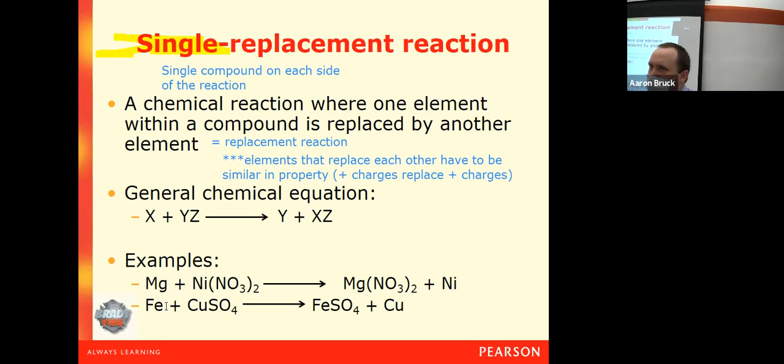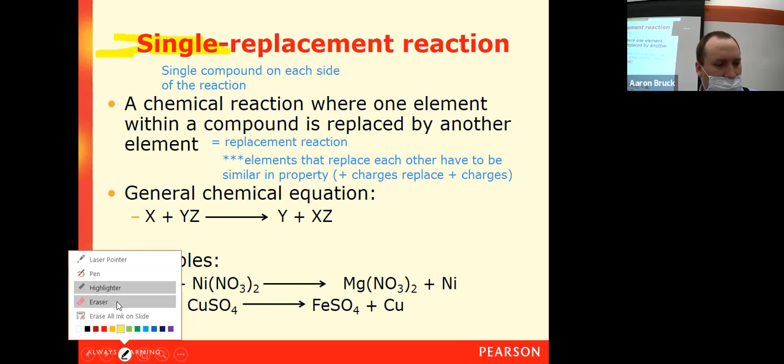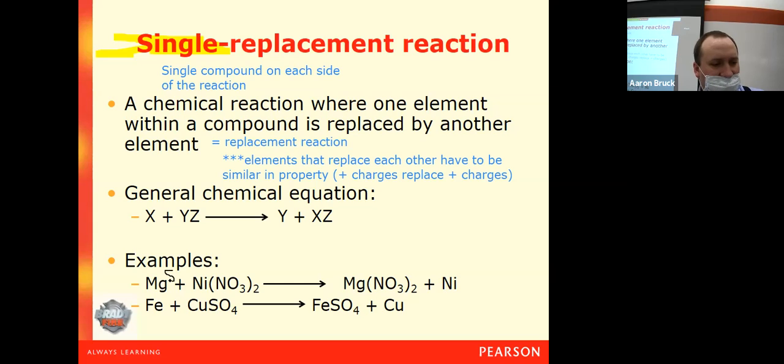The iron goes into the solution, the copper comes out of the solution. And so this is where those phase designations really can help us to see what's going on here. Because if we look at it from that standpoint, then what we can see: we've got a solid here, aqueous here, aqueous here, solid here. We've got solid here.